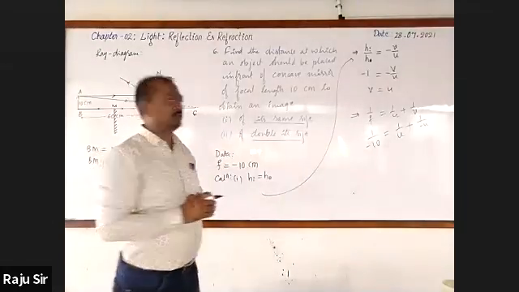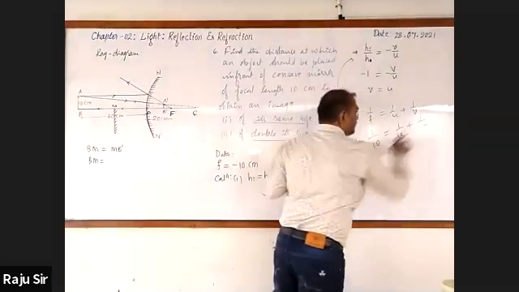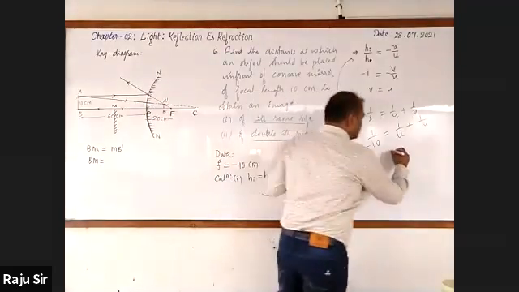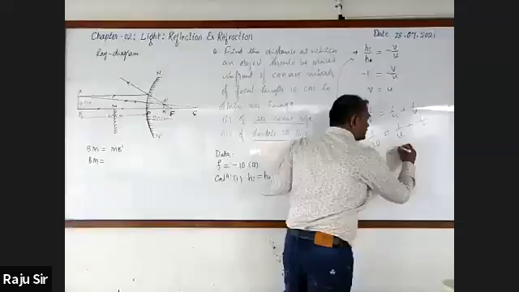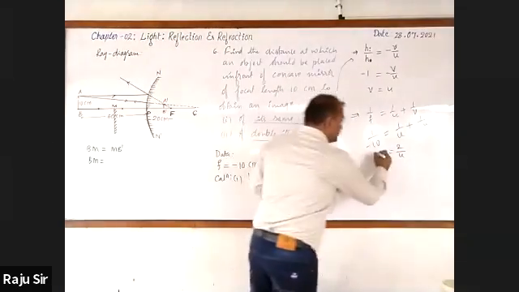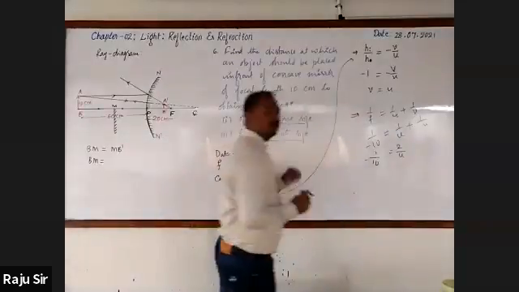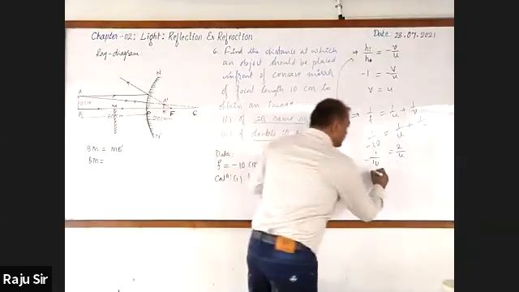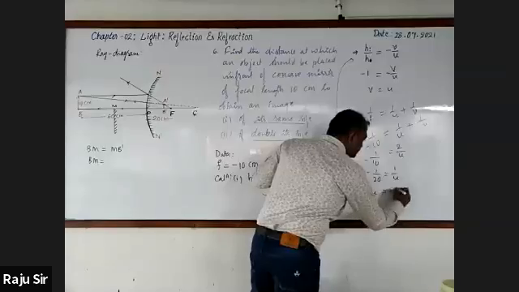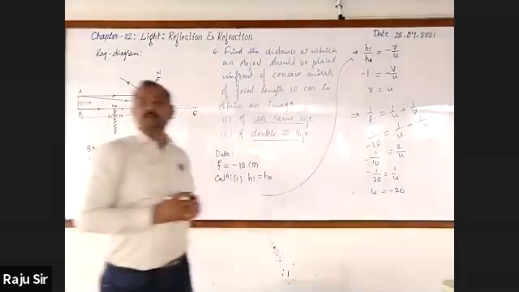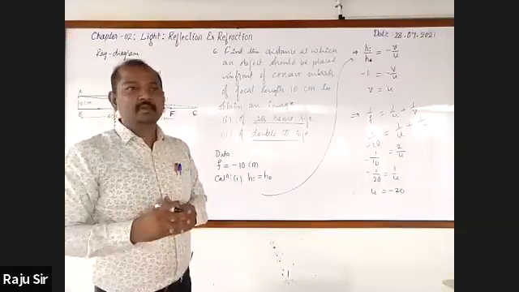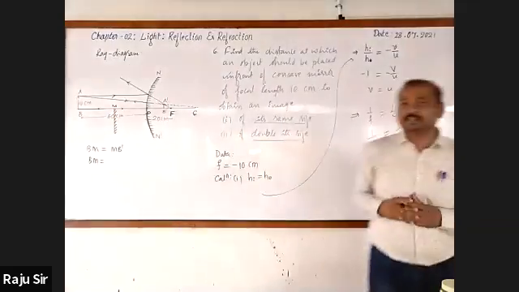Sir, the minuses get cancelled, no, sir. Then this will be 2 by u, and this is minus 1 by 10. And minus 2 is equal to minus 20, so 1 by u is equal to minus 20. Did you understand? Yes, sir. No, sir. Some of you are telling it is no.